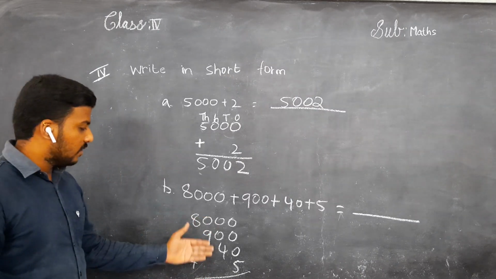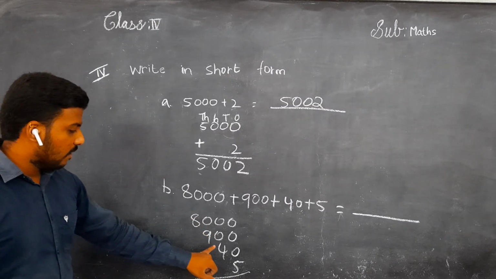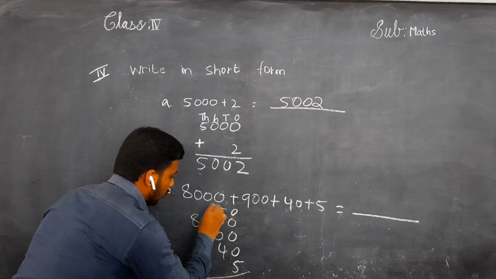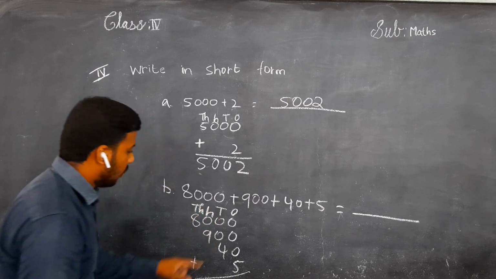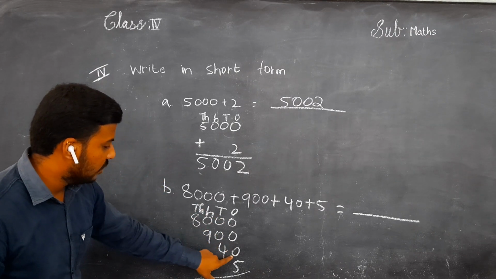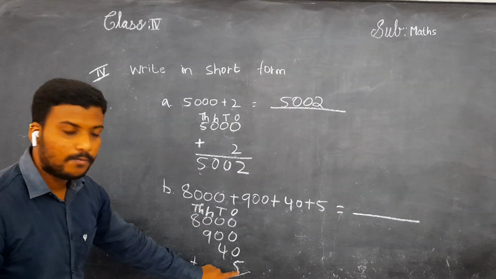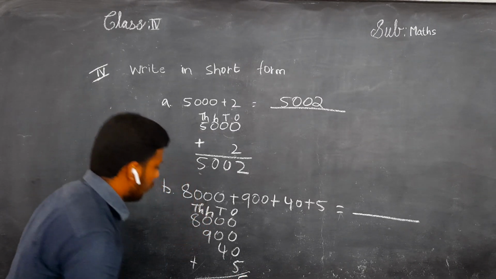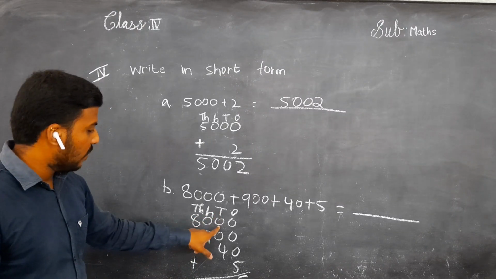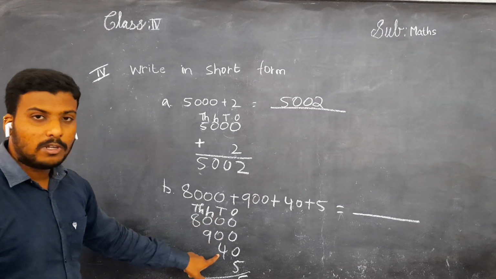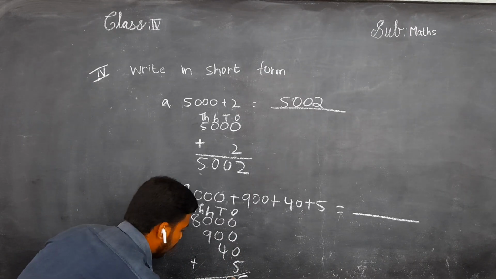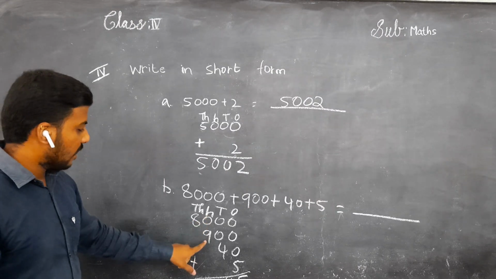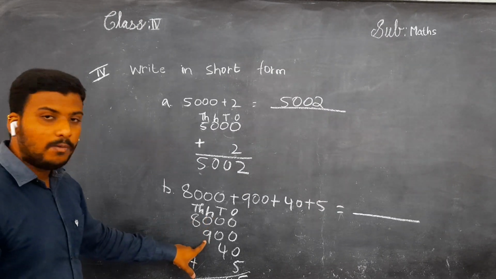Then we have to add all these numbers: 8940 and 5. See, in the ones place we have 0, 0, 0 and the last value as 5, so we get the value 5. Next, in the tens place, 0 plus 0, 0 and 0 plus 4 equal to 4. Next, in the hundreds place, we have the first value as 0 and the second value as 9. 0 plus 9 equal to 9.